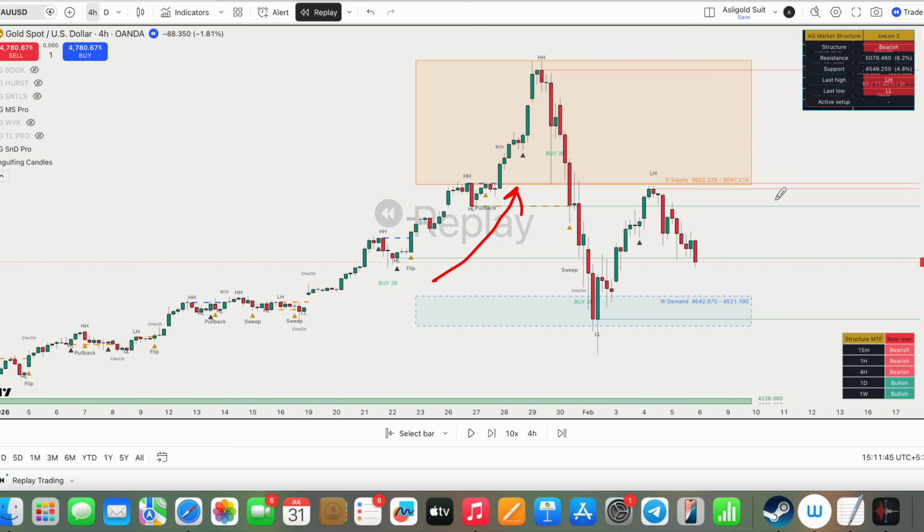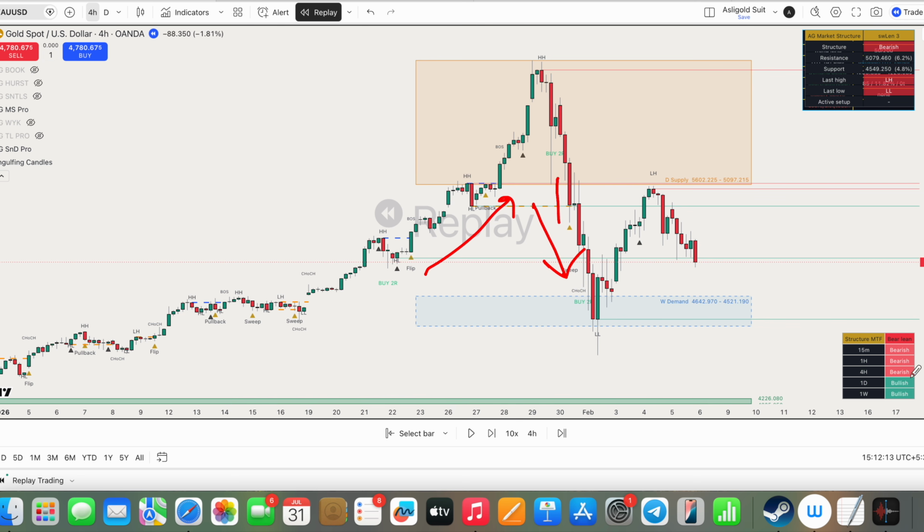Now watch what happened over here. Price fails to make a new higher high and then breaks below the last protected higher low right here. More precisely, this is a bearish change of character, or CHOCH. It is the first warning that the bullish structure may be weakening or beginning to shift.